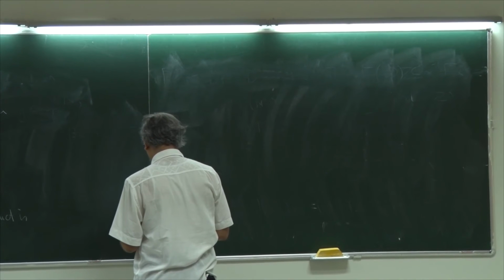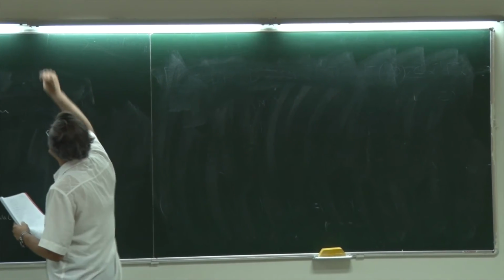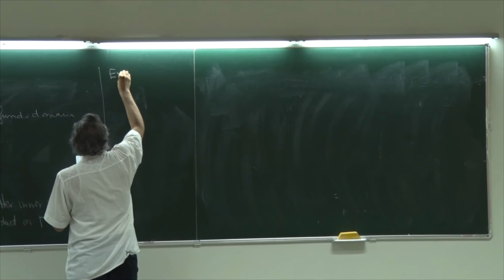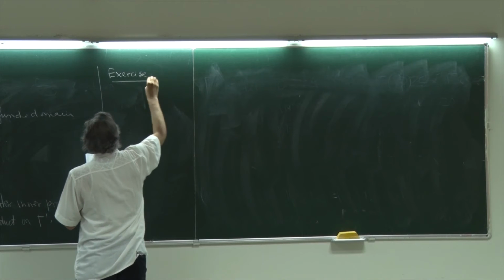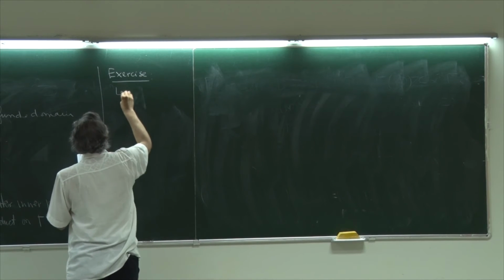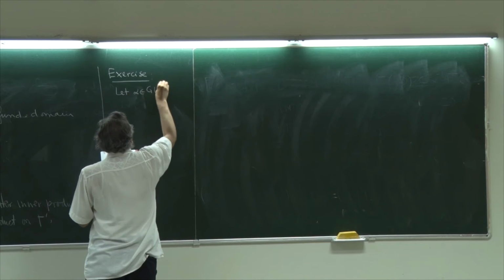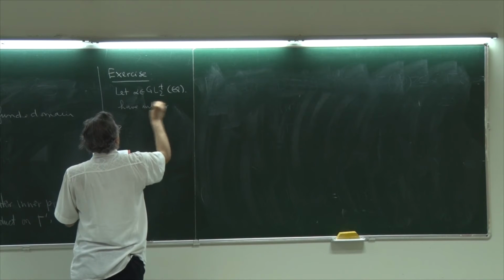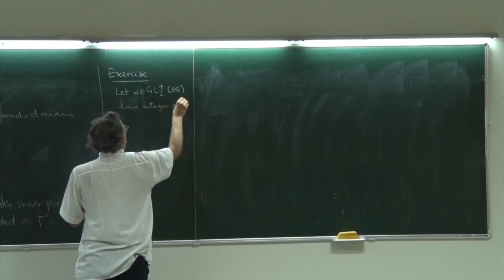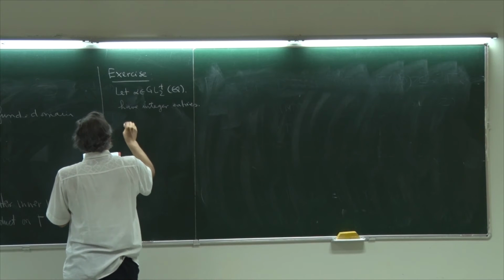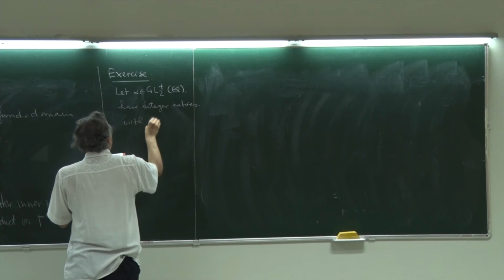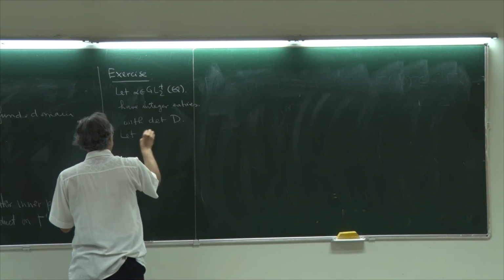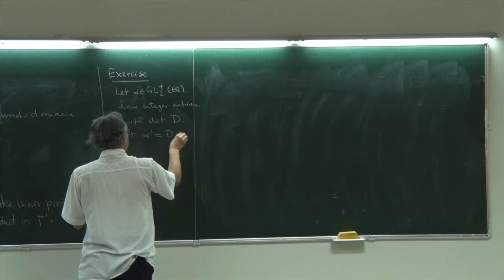I just want to give you one more tiny exercise, which is actually very easy. And I'll tell it to you orally. Exercise. Let alpha be in GL2 plus of Q, have integer entries, with determinant D. Let alpha prime be equal to D times alpha inverse.